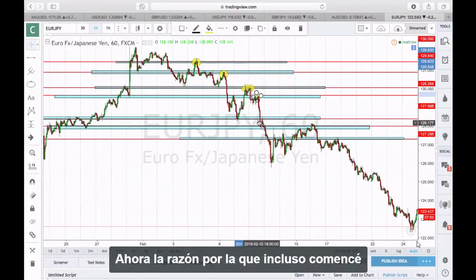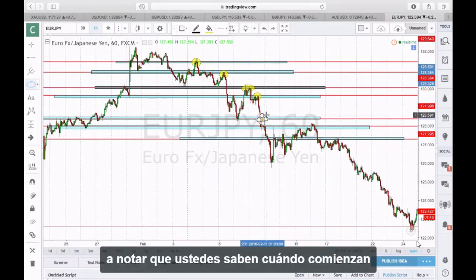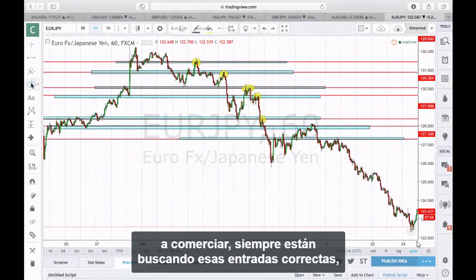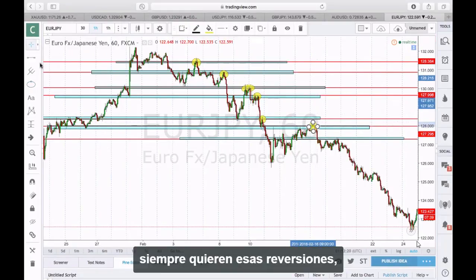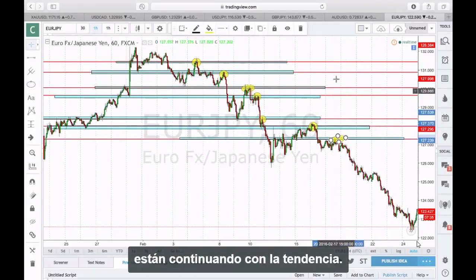Now, the reason why I started utilizing the power pullbacks was I started to notice that when we first start trading, we're always looking for those proper entries. We always want those reversals, but in all reality, the big moves are just continuing with the trend.